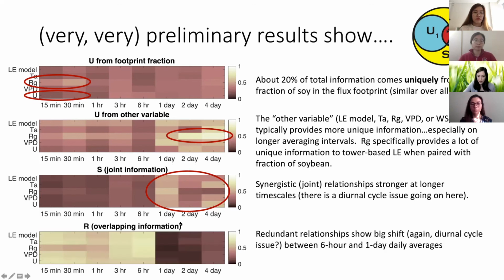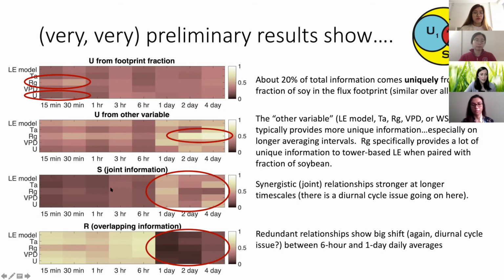And we see the total opposite for redundant information, where we see a lot of overlapping information. So high redundancy means that our spatial variability and our temporal variability are providing us the same information. And so we see that's pretty prevalent at the lower timescales, but then we see a big shift when we look at the daily and multi-day timescales, where we see very little redundancy.